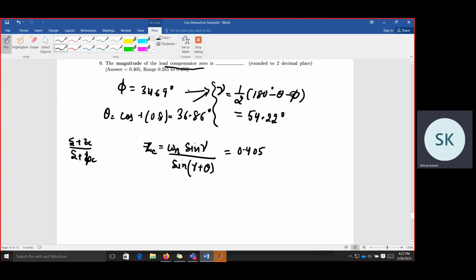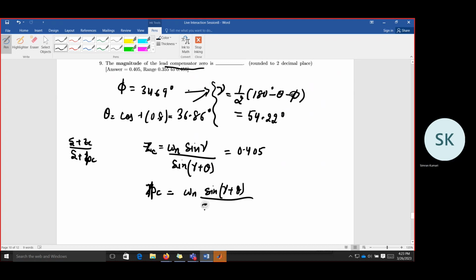So this will be omega n sin(gamma + theta) by sin(gamma + theta + phi), which will be equal to 0.616.